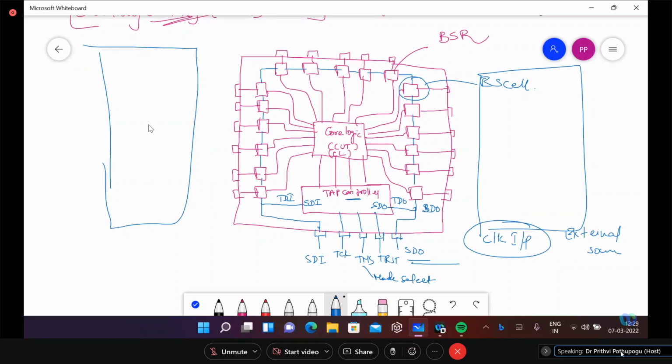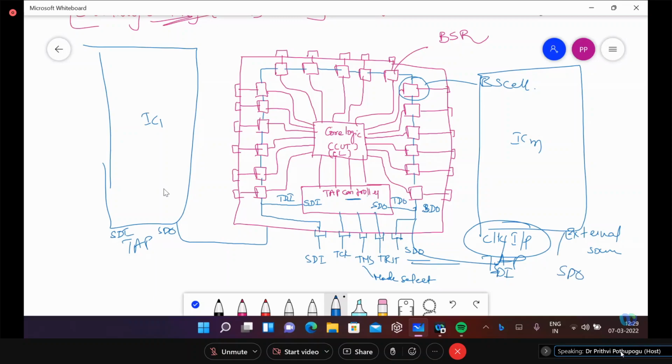If you have plenty number of ICs, what is needed is the tap controller should be provided for every IC now. Okay, and this same TDI, say SDI and SDO, this will be coming here, and this SDO will be coming here as SDI.